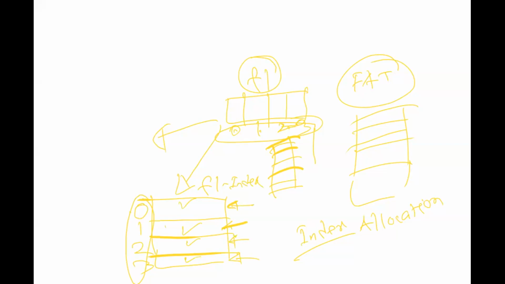This value is nothing but the physical location of the 0 number block, the physical location of the 1 number block, the 2 number block, and the 3 number block. What is the physical location? Physical location is nothing but the block address inside the HDD.